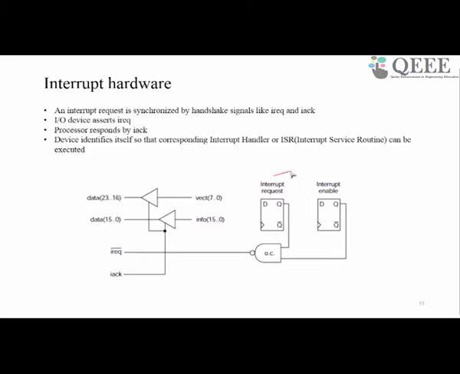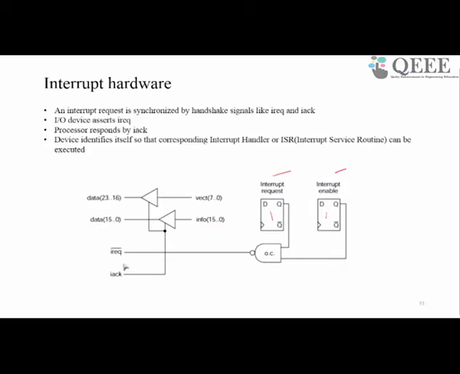So here is an example of how a simple interrupt hardware can work. There can potentially be two devices which can give rise to an interrupt. It raises the interrupt by setting a flip-flop like this one. Then interrupts from many devices can be ORed together, and an interrupt request is given to the processor.